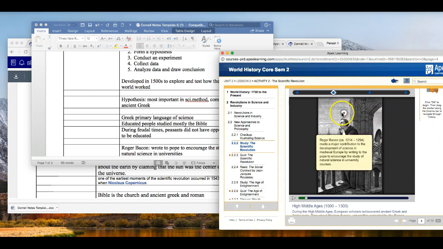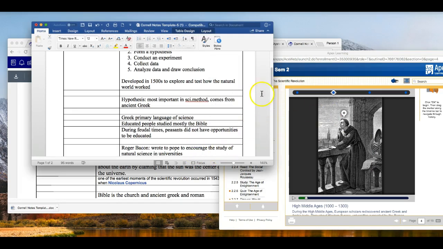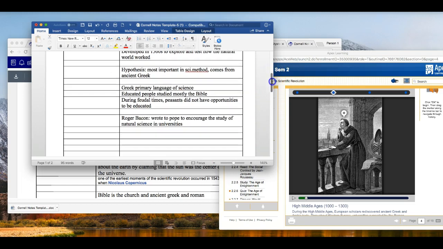So again, putting our cursor over the dot, it tells us that he made a major contribution to the development of science, and what he did was to write to the Pope to say, hey, we need to study natural sciences in the university. So going back to our Cornell notes, I've written his name because we need to remember important people's names, and that he wrote to the Pope to encourage the study of natural science in universities.